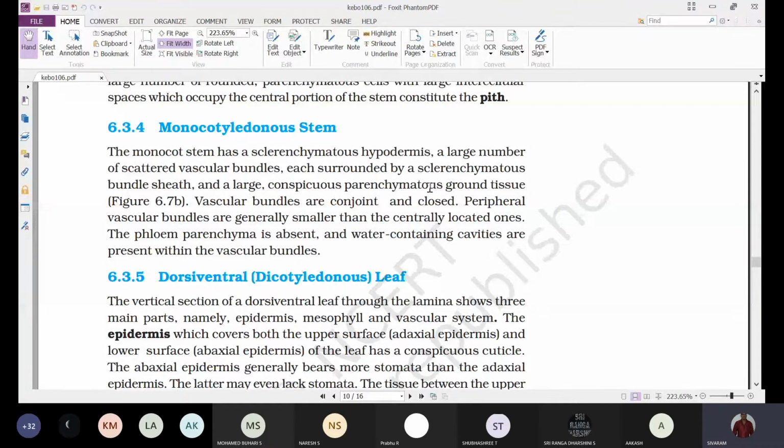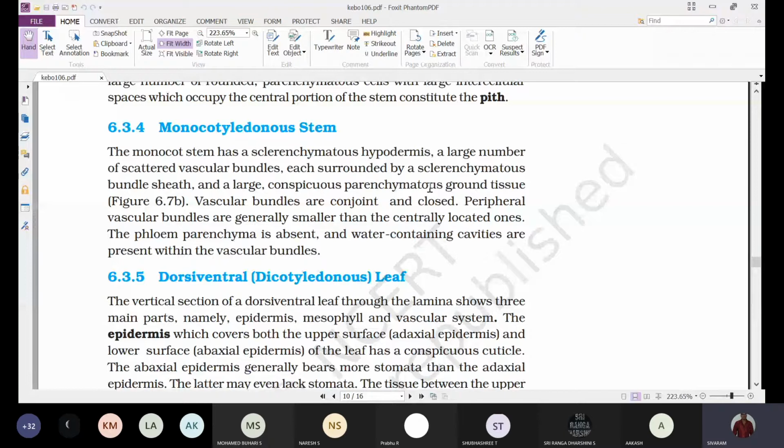This sclerenchymatous hypodermis will provide mechanical support to the plant body, because in monocots we usually don't find secondary growth. So this sclerenchymatous hypodermis alone provides the mechanical support to the plant body. So that is what we can see here.